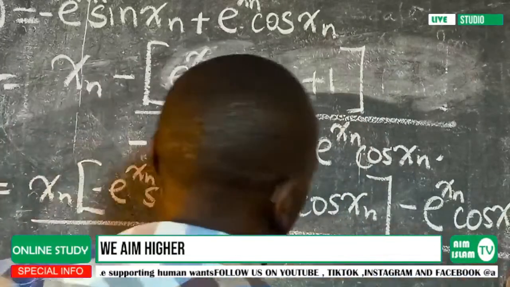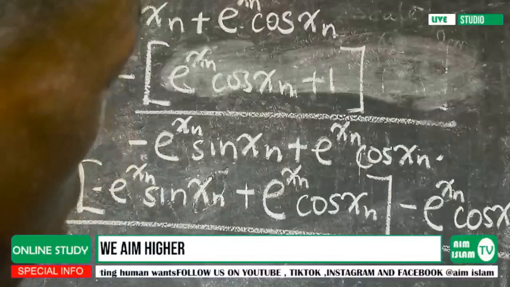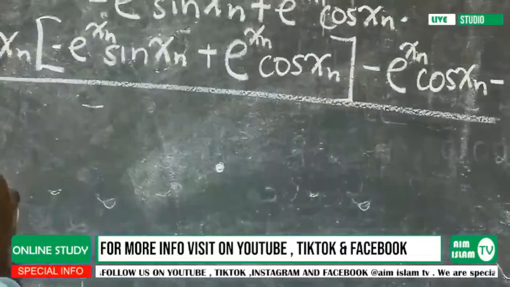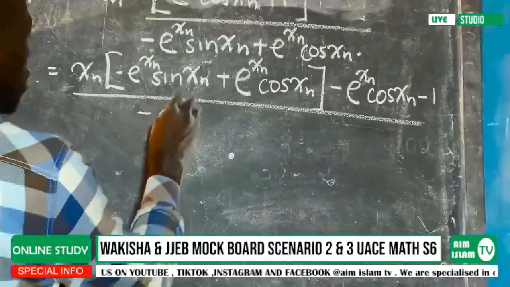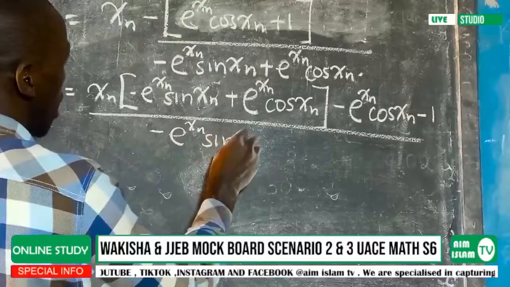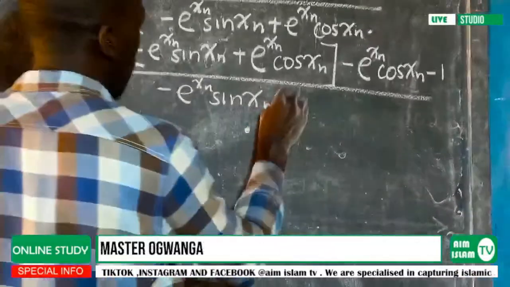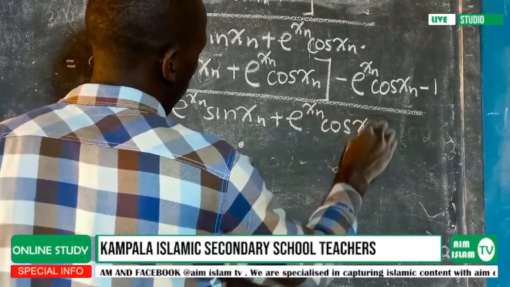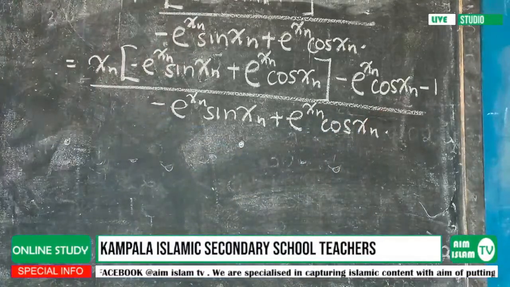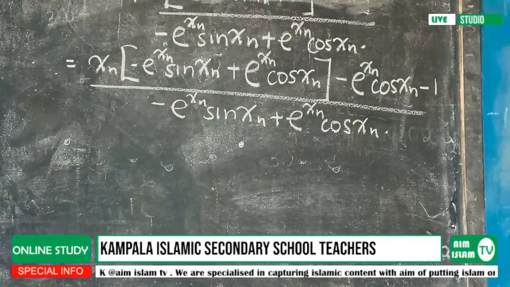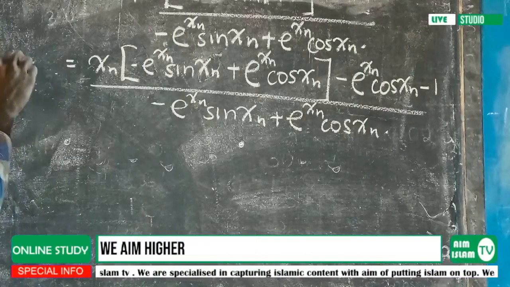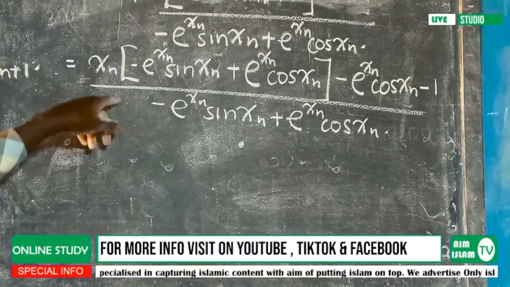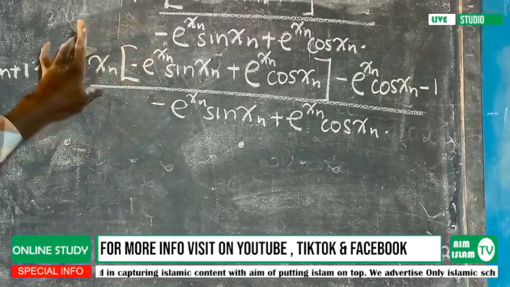We divide it by negative exponential x n sine x n plus the exponential x n cos of x n. So I am going to leave this as it is, since the question was not asking for the NRM.